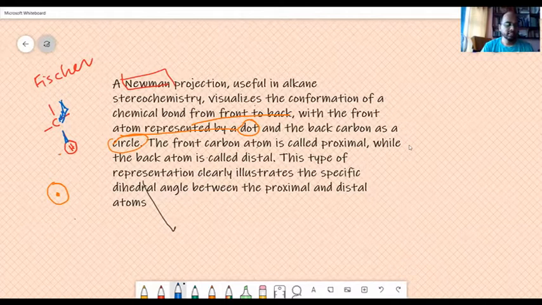Here, this carbon atom is attached by 3 hydrogen atoms. And the back carbon atom, which is red, is attached by 3.